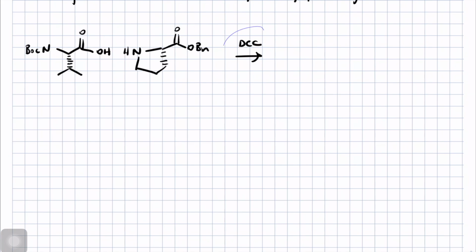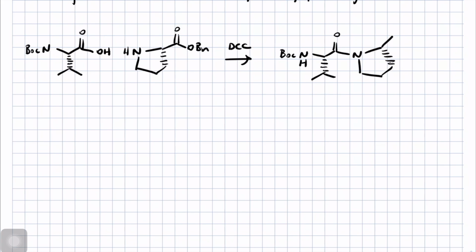So your desired product would be the dipeptide with valine at the N terminus, and then proline at the C terminus, like this. And suppose the yield wasn't very good.